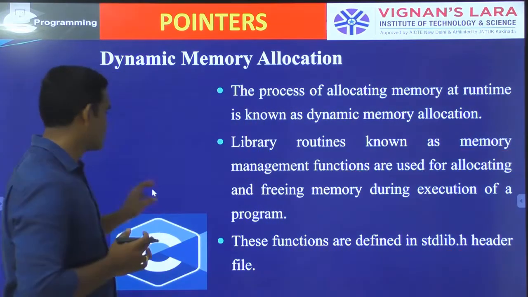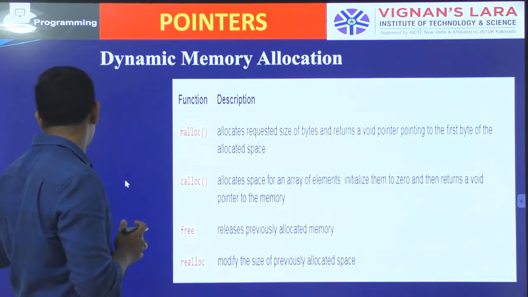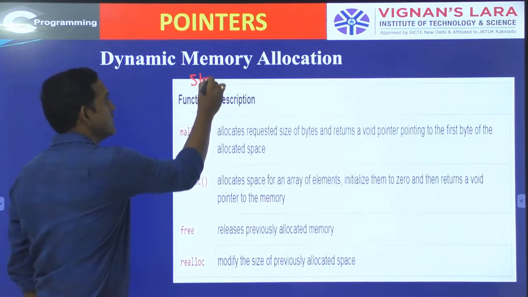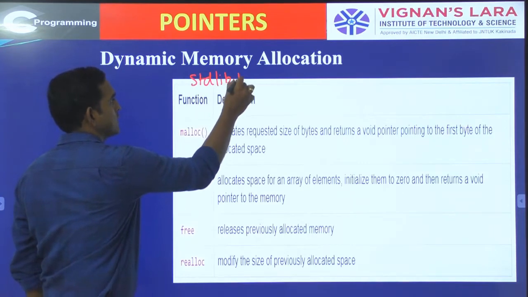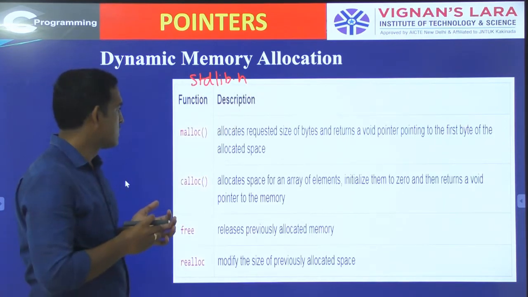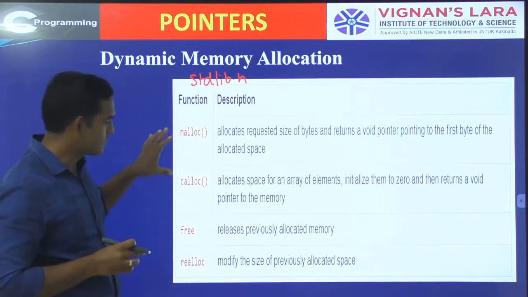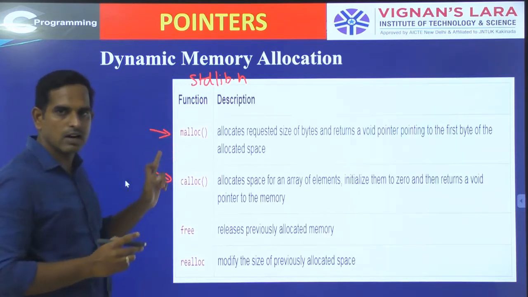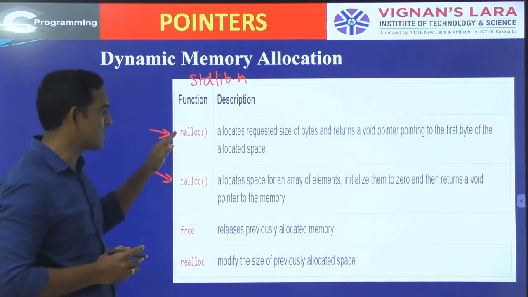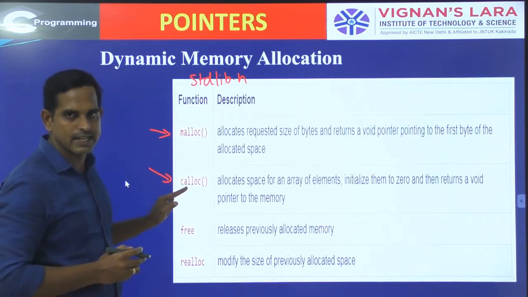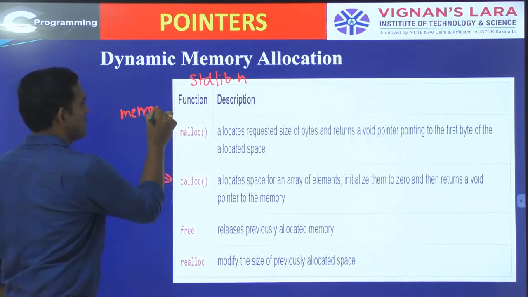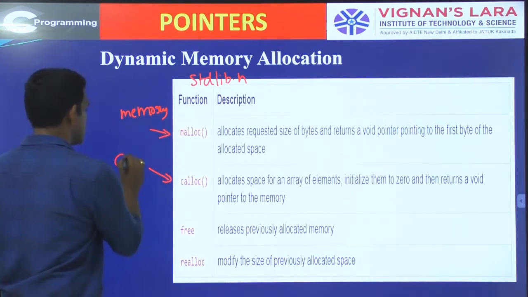So what are the various dynamic memory allocation functions present in the stdlib or standard library header file? We have two memory allocation functions, malloc and calloc. malloc is memory allocation, and calloc is cascading memory allocation.